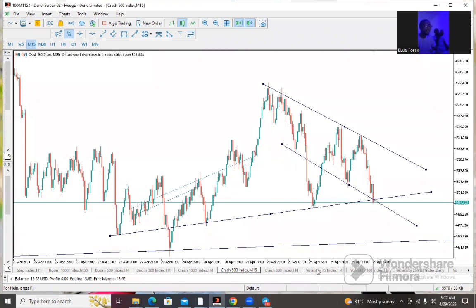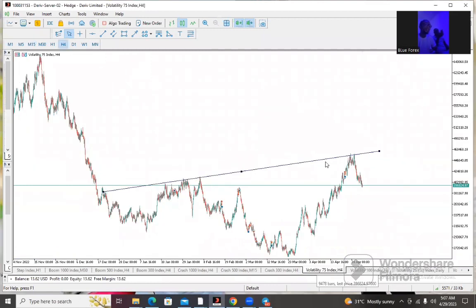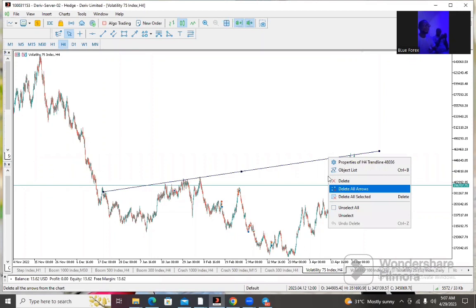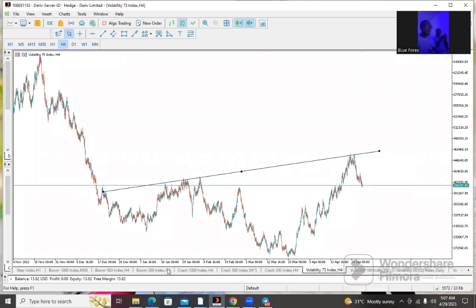Volatility has its own way of behaving, and Boom and Crash, Boom has its own way of behaving, and Crash has its own way of behaving. And we consider our volatility indices: 10 (1s), 25 (1s), 50 (1s), 75 (1s), 100 (1s), 150 (1s), 200, 300 each has its own way of behaving.